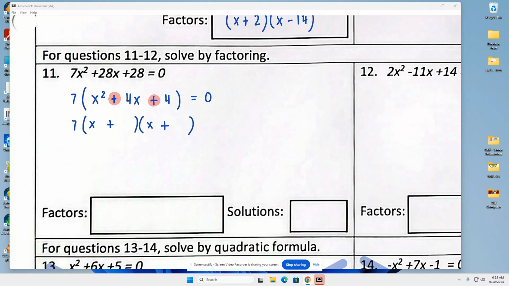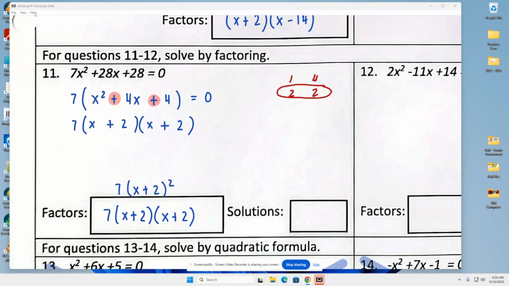So my only possibilities are 1 times 4, those combine to get 5, or 2 times 2, and those combine to get 4. So it has to be x plus 2 and x plus 2. So my factors are 7 times x plus 2 times x plus 2. Or you could have done 7 times x plus 2 squared. That's the same thing because you had the same factors twice.